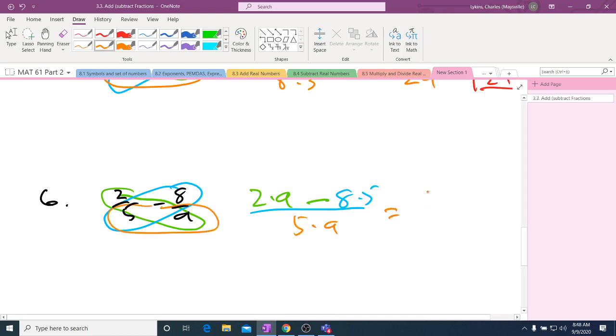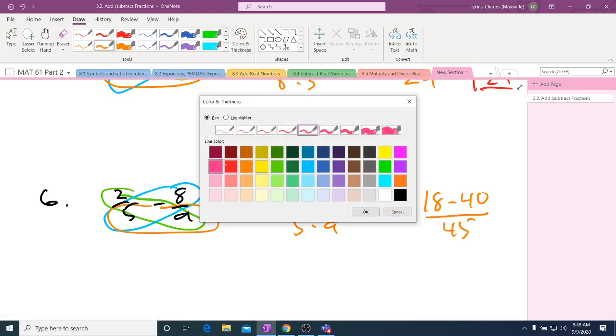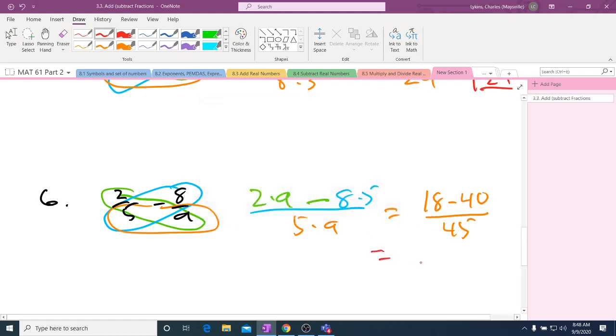So 2 times 9 is 18, minus 8 times 5 is 40, over 5 times 9 is 45. So then 18 minus 40 is a negative 22 over 45. And that's as far as we can get it.